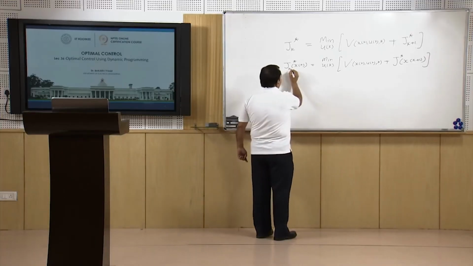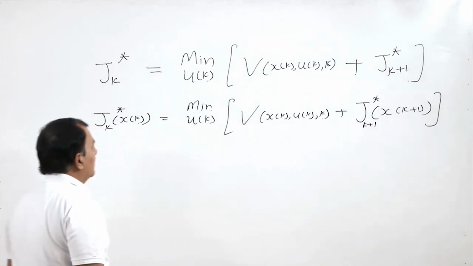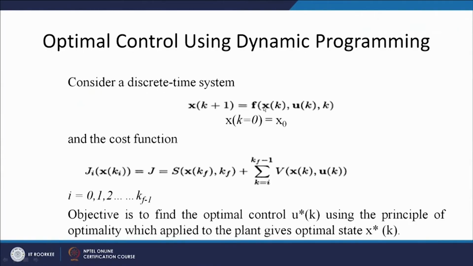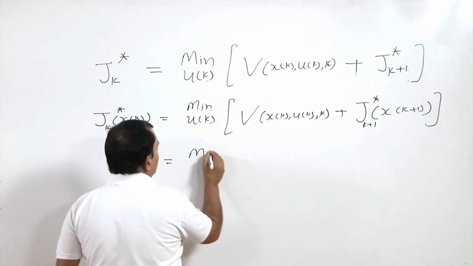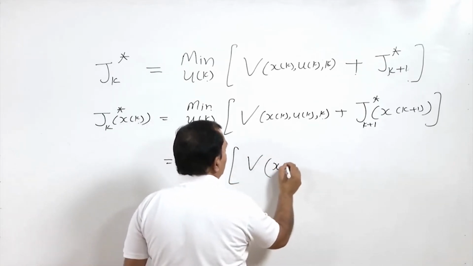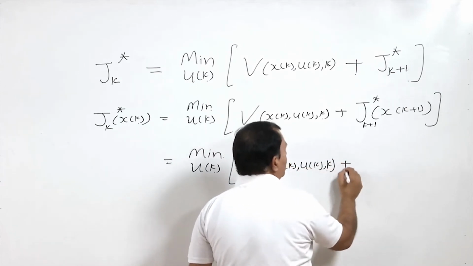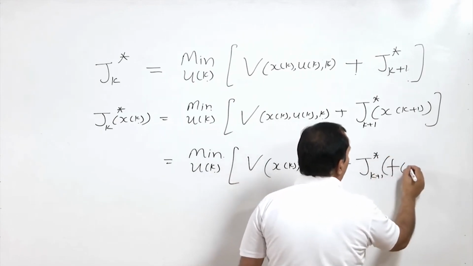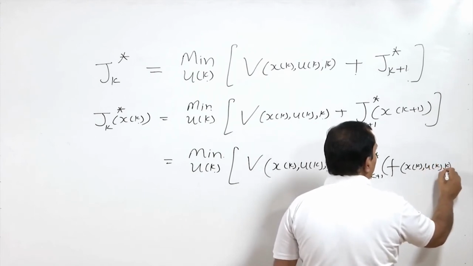So, this is at the point K and this is at the point K plus 1, and as we know, we have considered our system as xK plus 1 equal to f of xK UK K. So, in terms of K I can write this: minimize over UK, V xK UK K plus the optimal value of, now this is nothing but the function of xK UK K.